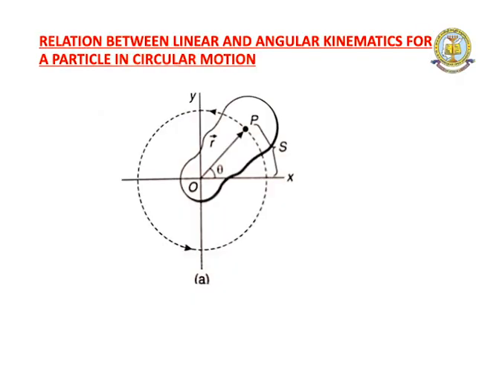Now we discuss the linear and angular kinematic relations. So now this is linear and angular kinematics for a particle in a circular motion.